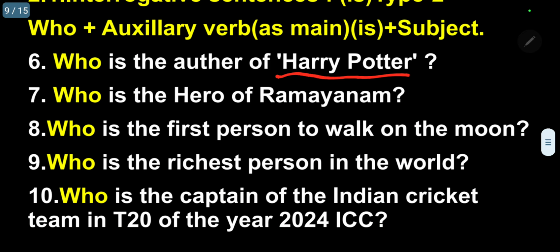Raman. Who is the first person to walk on the moon? Who is the richest person in the world? The last question: who is the captain of the Indian cricket team in T20 of the year 2024 ICC?